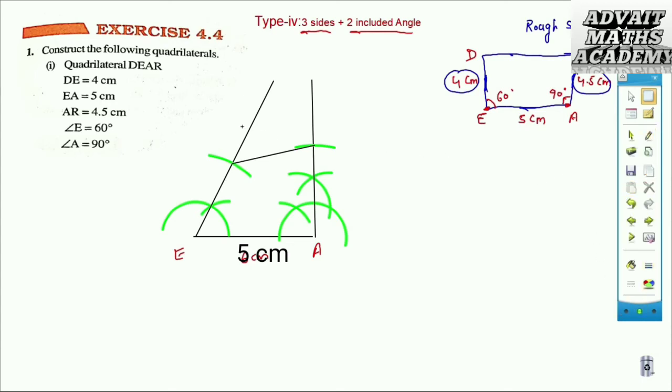This is our main figure. Then write the dimensions and the name of that figure.